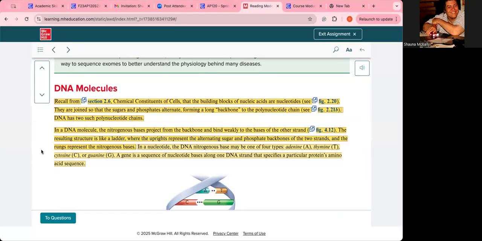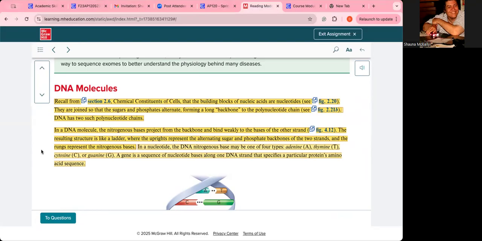The resulting structure is like a ladder where the uprights represent the alternating sugar and phosphate of the two strands, and the rungs represent the nitrogenous bases. Okay, so scroll down below that.